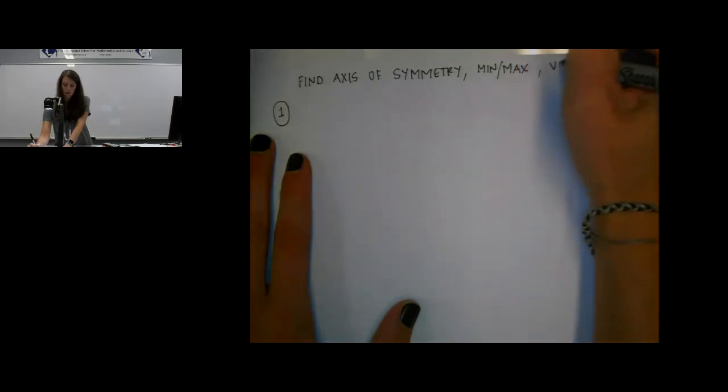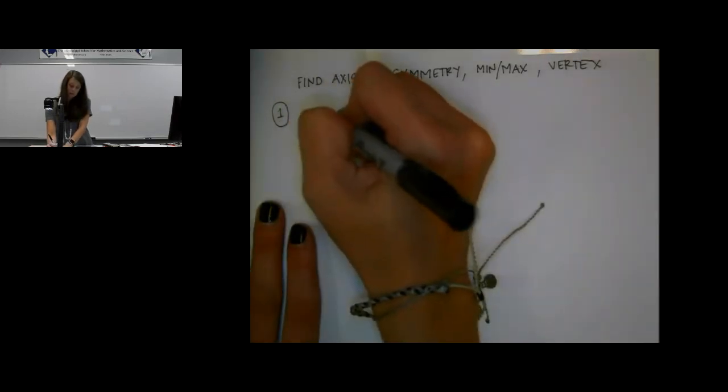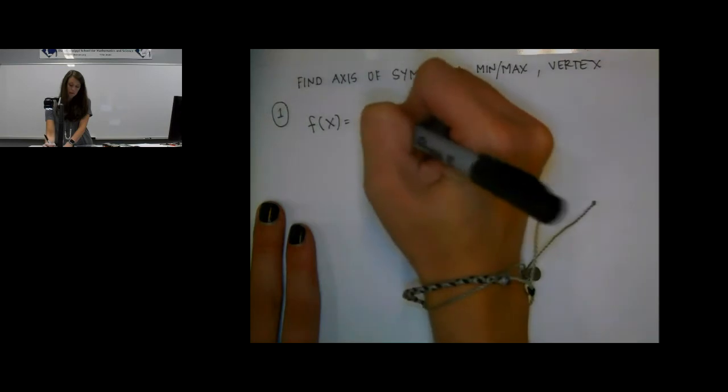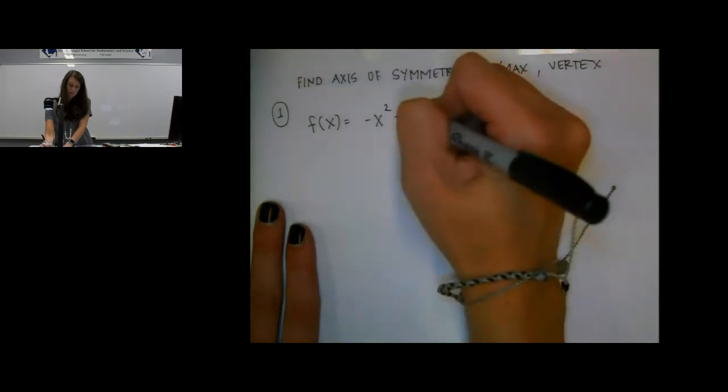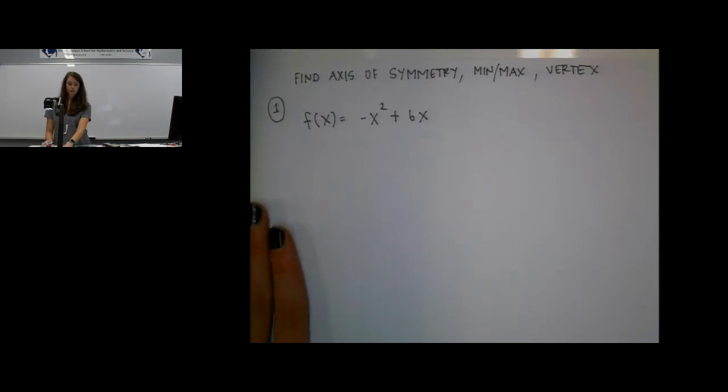And find the vertex. Okay, so I have f of x equals negative x squared plus 6x. Negative x squared plus 6x.